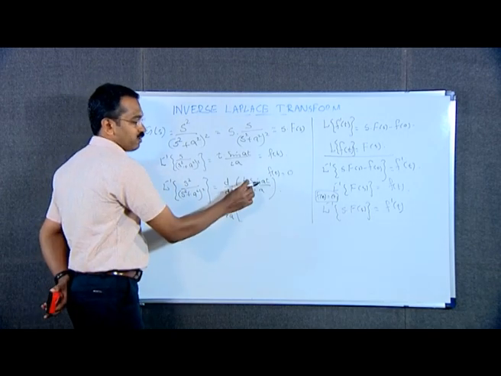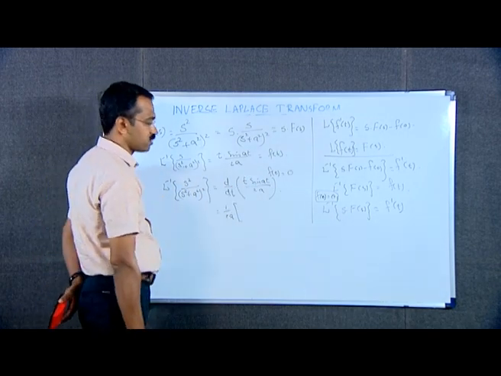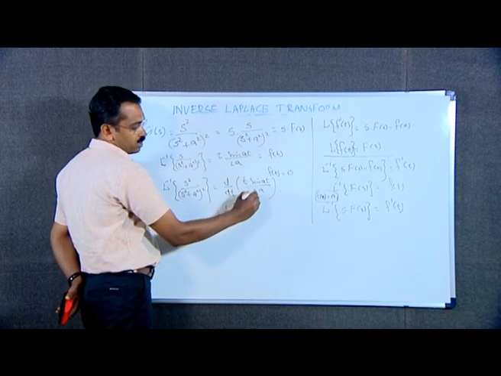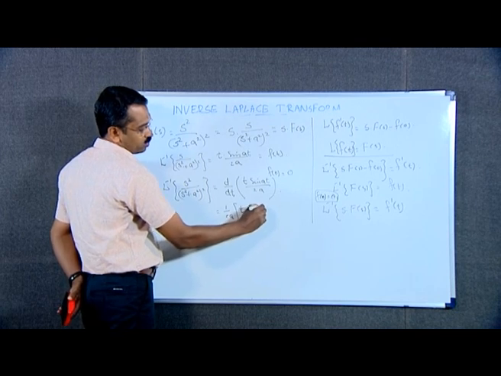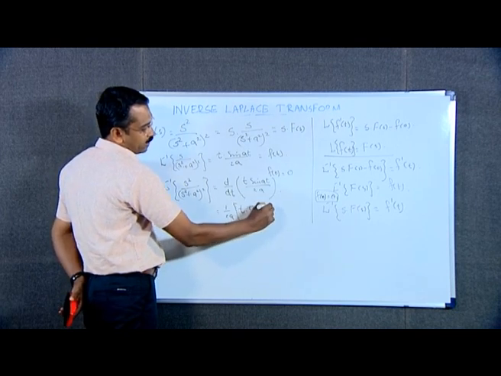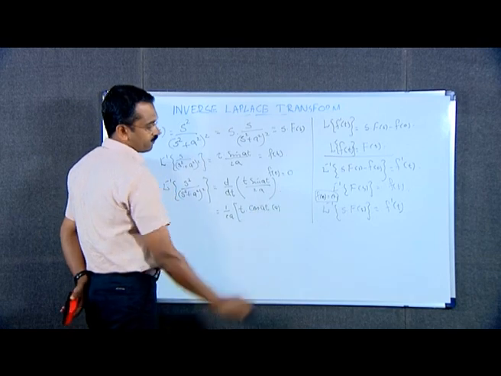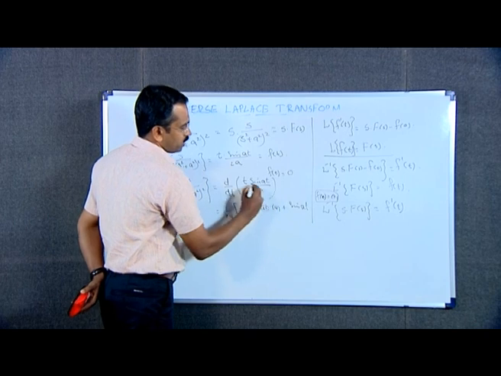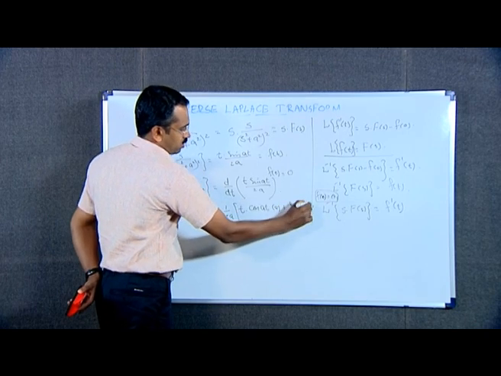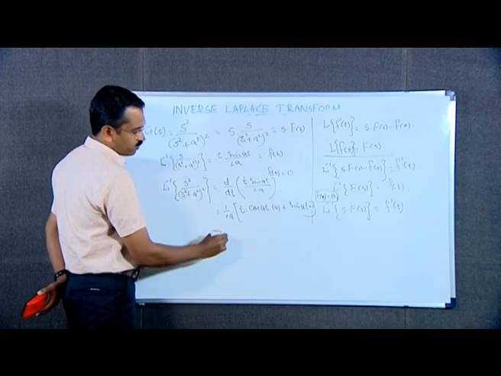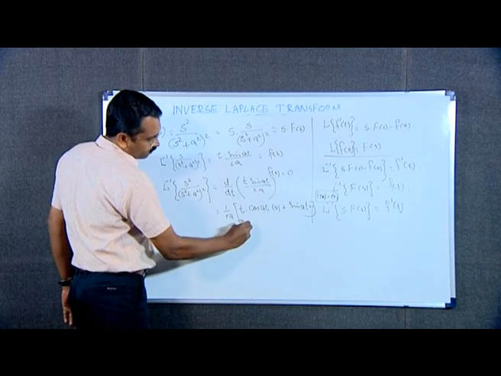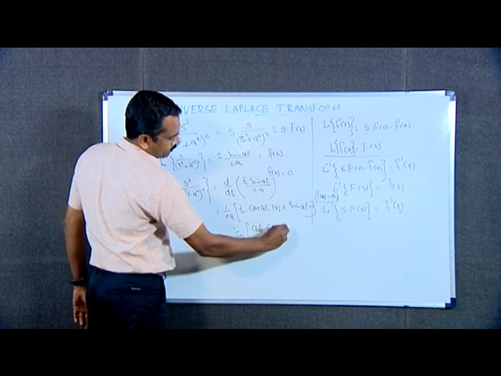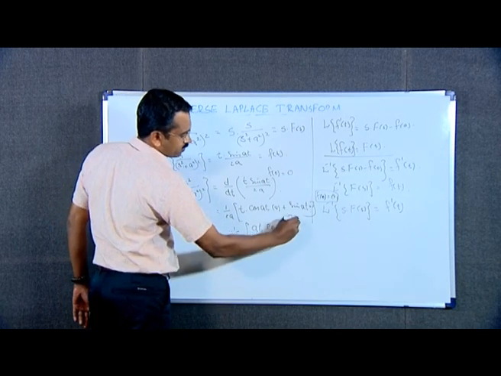We can use the product rule of differentiation, that is first function into derivative of second, t into cos at into a, plus sin at into derivative of t, which is 1. That is equal to 1 by 2a into a t cos at plus sin at.